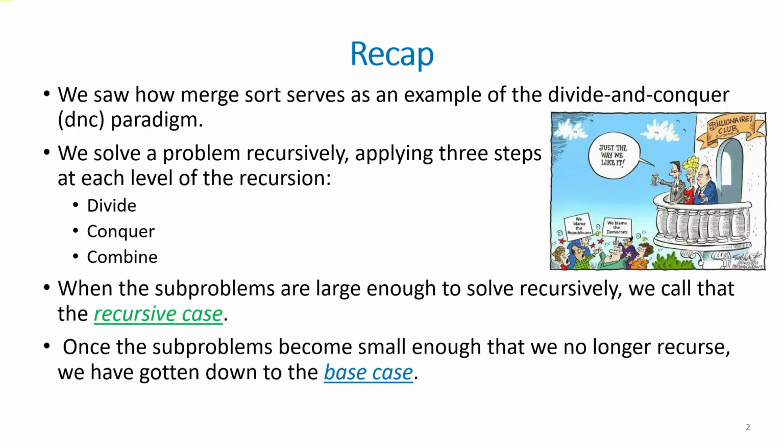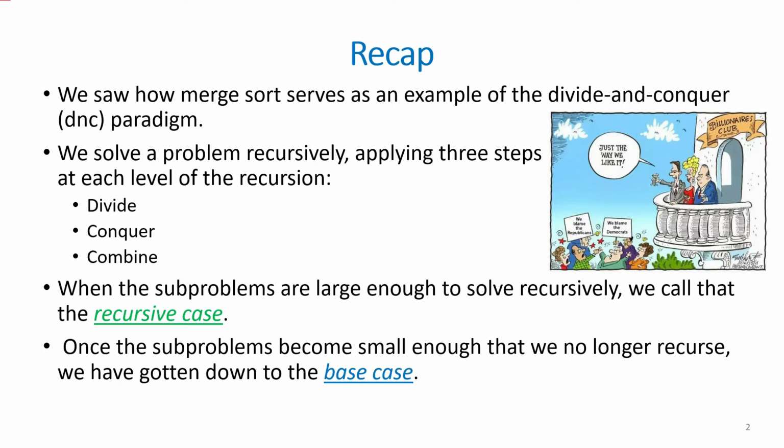Before we begin, let us quickly recall what divide and conquer is. It is a problem-solving method that applies 3 steps in each level of its recursion. The first step, divide, divides the problem into smaller subproblems that have the same features of the original problem.